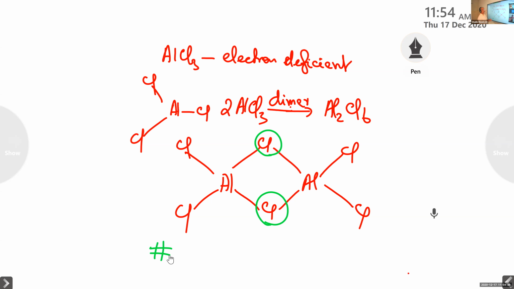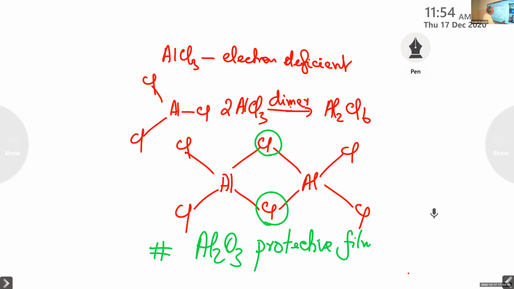Due to atmospheric oxidation, a protective film of aluminum oxide, Al2O3, is formed on the aluminum objects, and hence aluminum is protected from further corrosion.